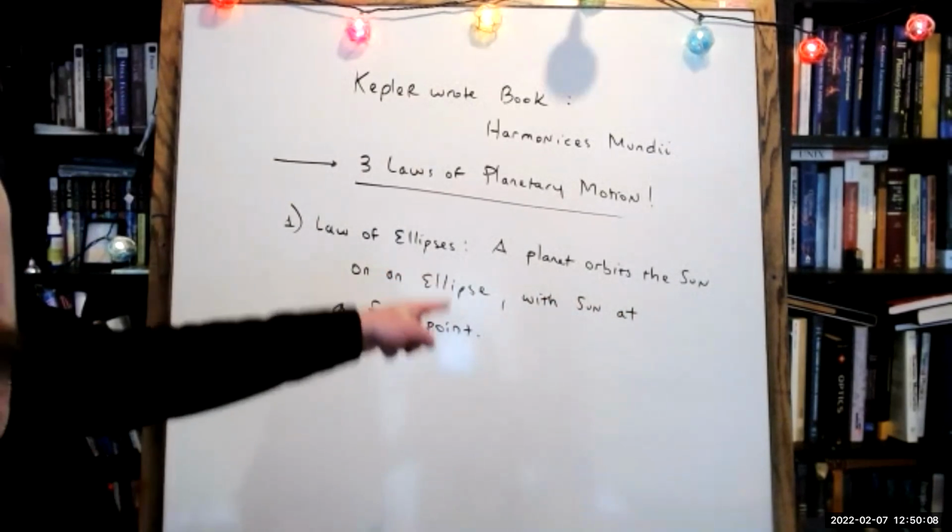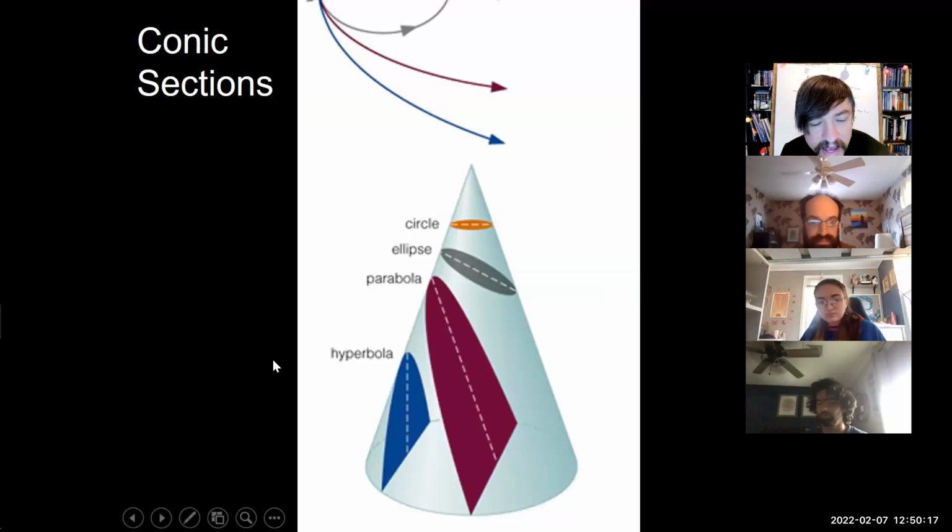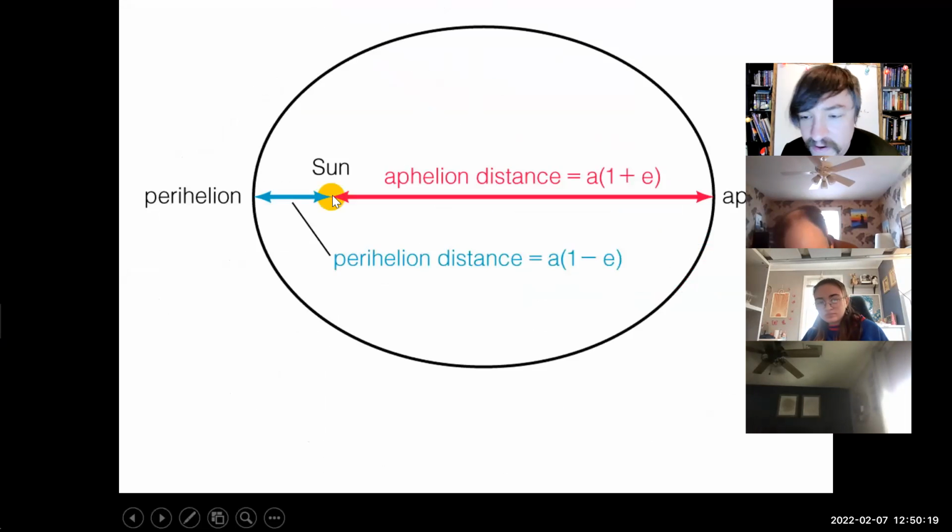So circles are out, ellipses are in, but the sun is actually not at the center of the ellipse the way Copernicus might have imagined it, but instead the sun would be located here at one of the focus points.